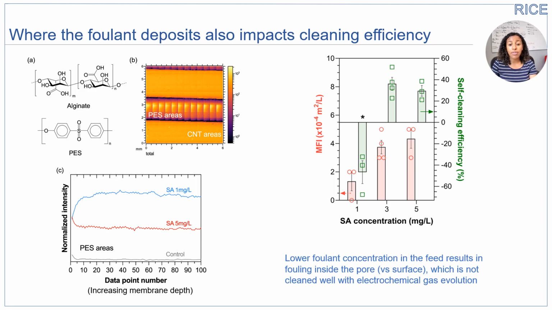In these cases, the self-cleaning efficiency was actually negative, meaning that the flux continued to decline after applying current. So this is an important finding that we would also like to highlight, and has implications for electrochemical fouling removal.